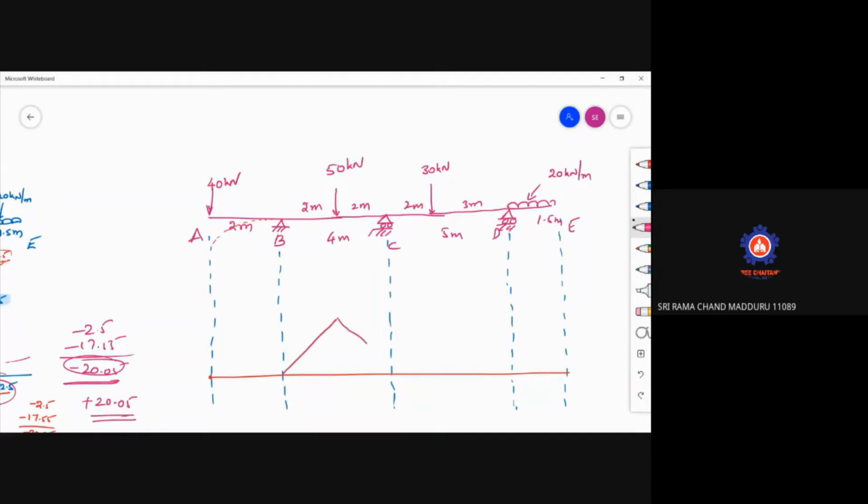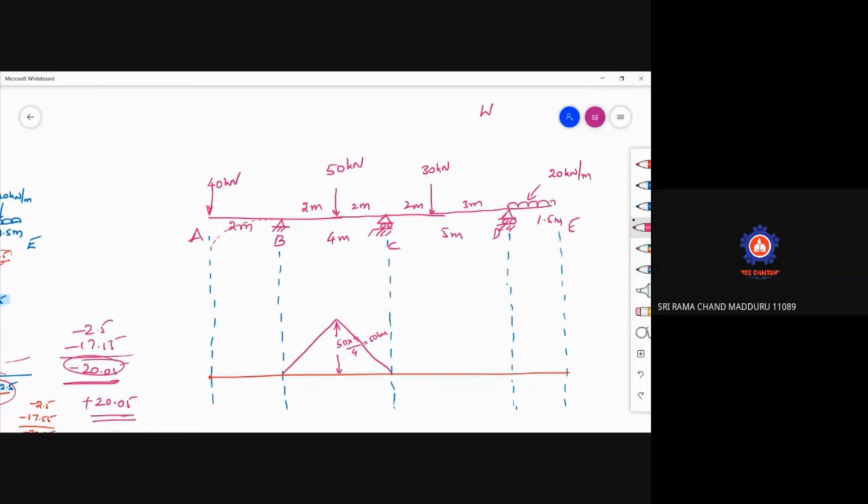For a simply supported beam with a point load at the center, the maximum moment is WL by 4. So 50 into 4 by 4 is 50 kilonewton meter, which is positive. Coming to this span of 5 meters, the load is acting at a distance of 2 meters.